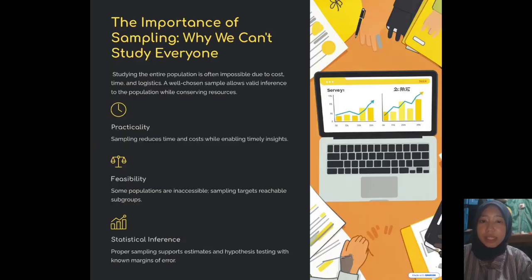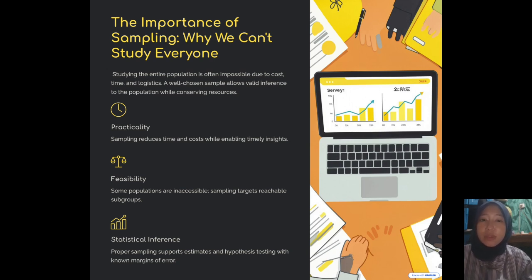Importance of sampling. Why do we need sampling? Studying the entire population is usually very difficult. It takes too much time, money, and effort. That's why we use sampling, which means selecting a smaller group from the population.